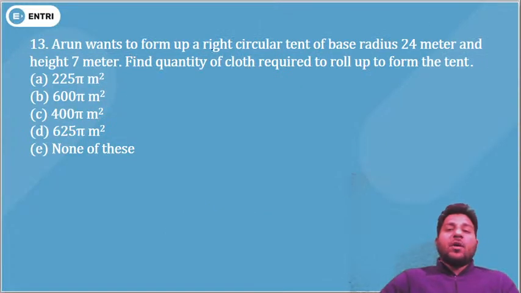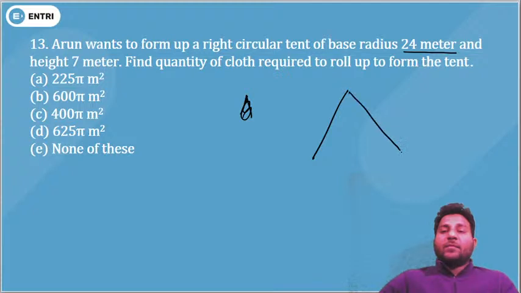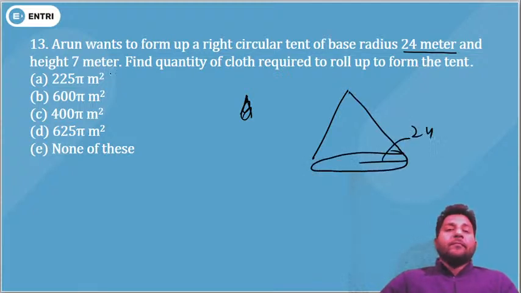Arun wants to form a right circular tent of base radius 24 meter. Its radius will be 24 meter and height is 7 meter. Find the quantity of cloth required to roll up.